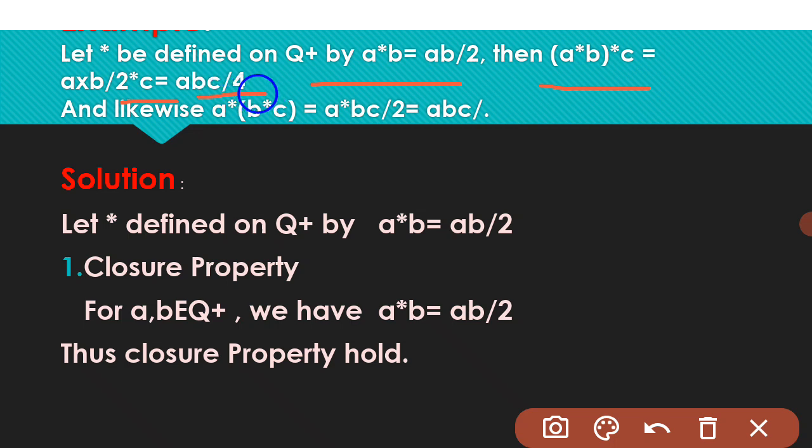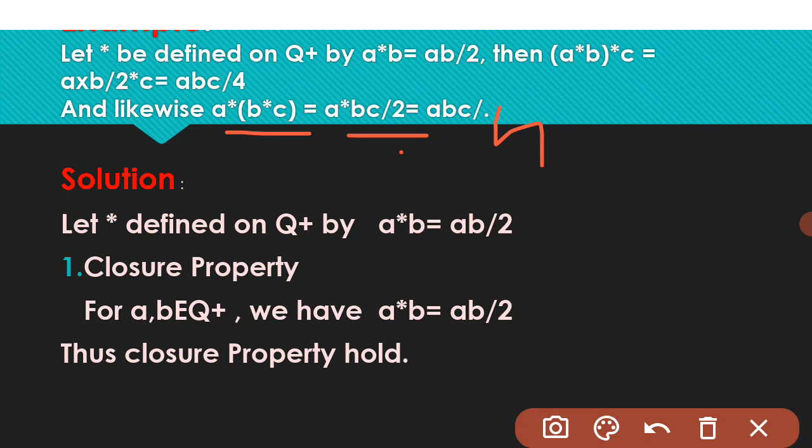That's why the answer will be a multiplied by b multiplied by c by 4. 1 by 2 will be of this asterisk and 1 by 2 will be of this asterisk. The operator operates 2 times, so 1 by 2 times 1 by 2 is equal to 1 by 4. Likewise, a asterisk b asterisk c is equal to a asterisk bc by 2, and a asterisk b asterisk c here is abc by 4. Okay, this is our complete example.